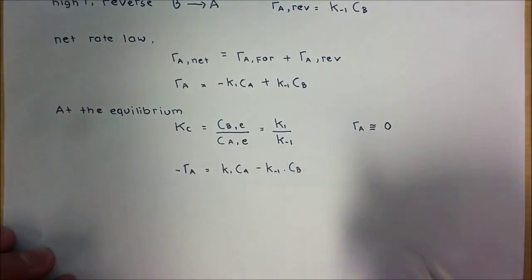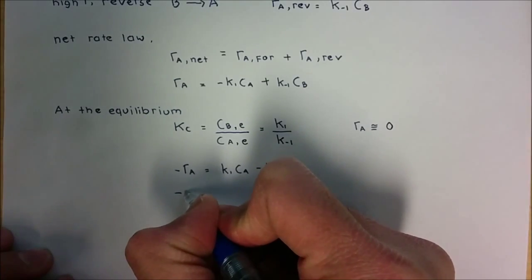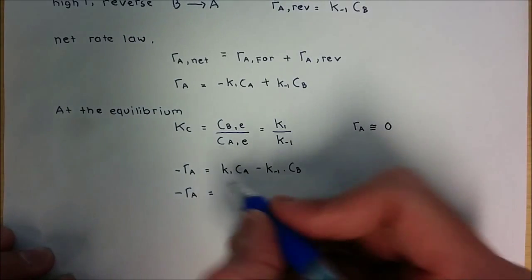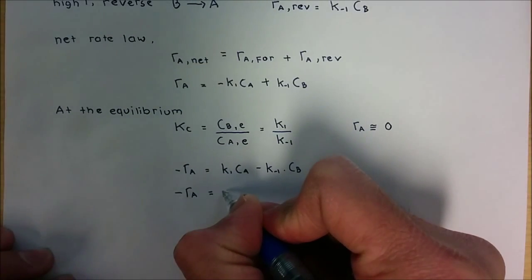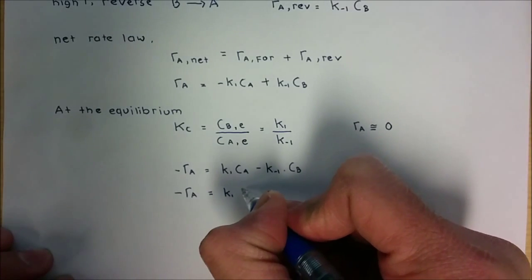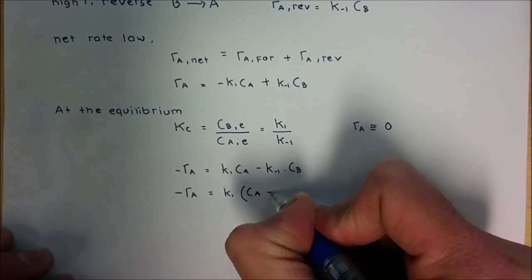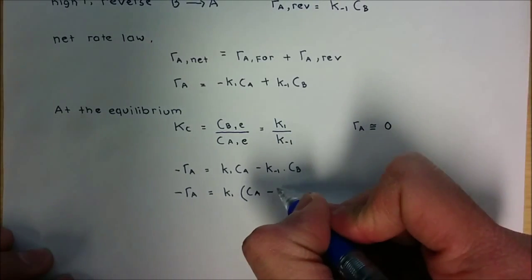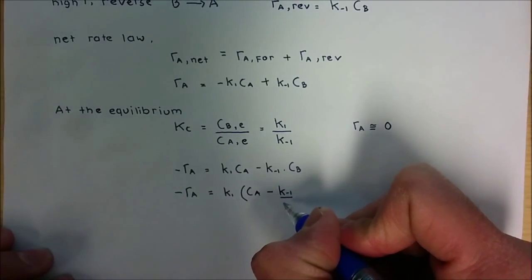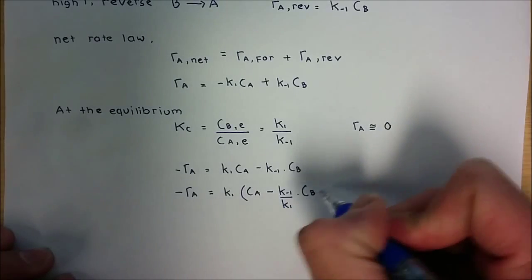And then if we take the rate constant outside, we will have K1 times CA minus K minus 1 over K1 CB.